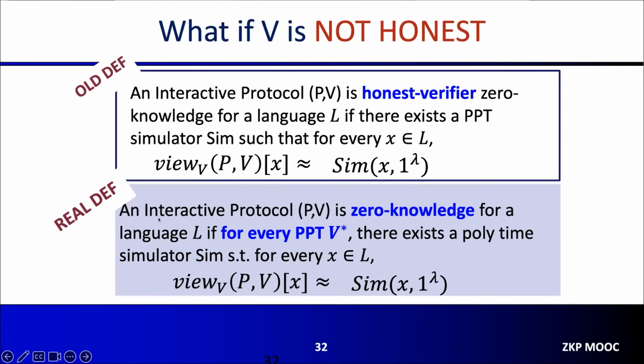So we finally get the definition that a protocol is zero knowledge for language L if for every V star working with P, there exists a polynomial time simulator such that the view and the simulation are computationally indistinguishable. And I'm using this squiggly equality to mean computationally indistinguishable. So these might be different probability distributions, but the distinguisher cannot tell them apart.